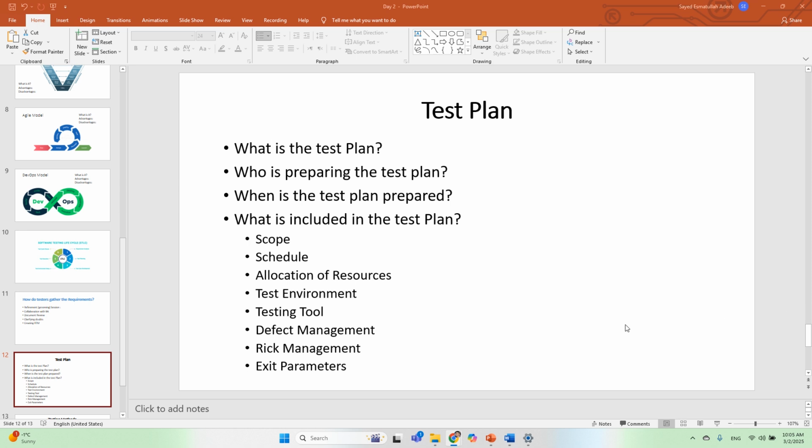So these are the main parameters included in a test plan. Again, a test plan is a very comprehensive document that can be created by a test manager, a quality assurance manager, or a test lead.